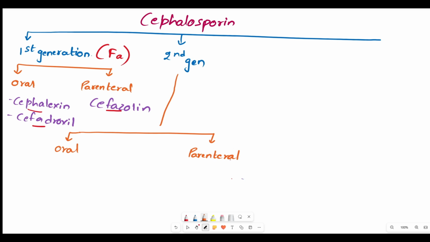In the second generation, in the oral class, remember it as FA, FU, PRO. In the first generation, it is only FA. But in the second generation oral class, it is FA, FU and PRO. And in the parenteral, remember it as FOX, FUR. Fox and fur. Clear? Fox and fur.